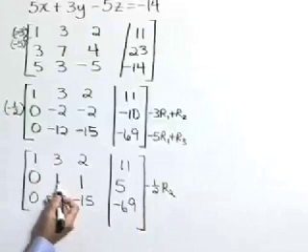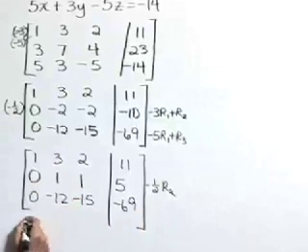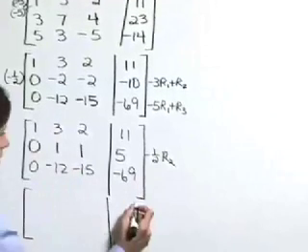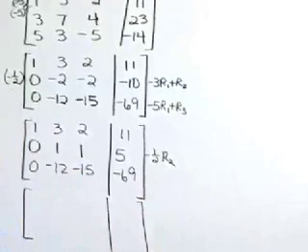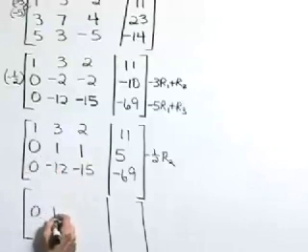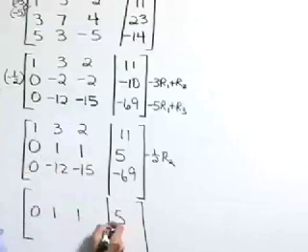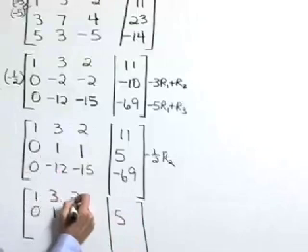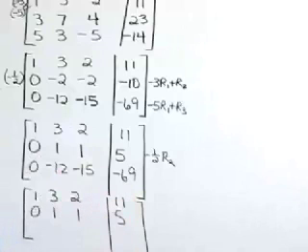We're going to work off this 1 in the second row. So transitioning now to our next matrix, I'm going to just rewrite that second row, 0, 1, 1, and 5. Just going to rewrite the first row. 1, 3, 2, 11.